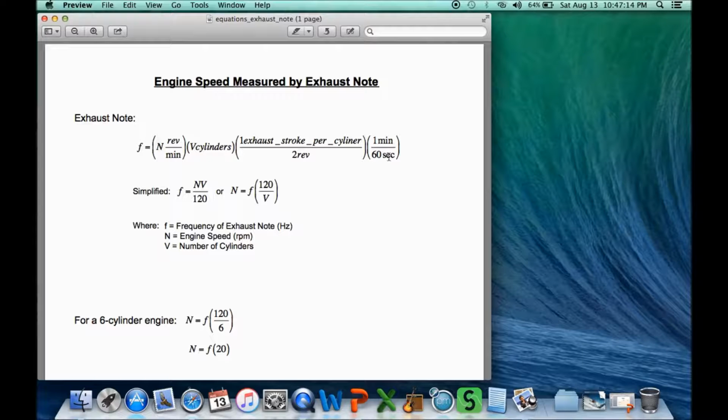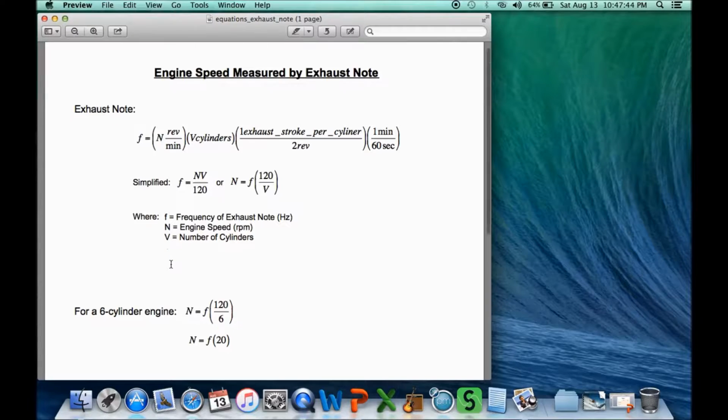So I have to divide by 60 to get this back into cycles per second. So if I simplify this whole expression down into something really neat, frequency is really just N times V over 120. And in this case, I don't really want to solve for frequency. I know the frequency and I want to solve for the speed. So I can rearrange this equation and say speed is just frequency times 120 divided by the number of cylinders.